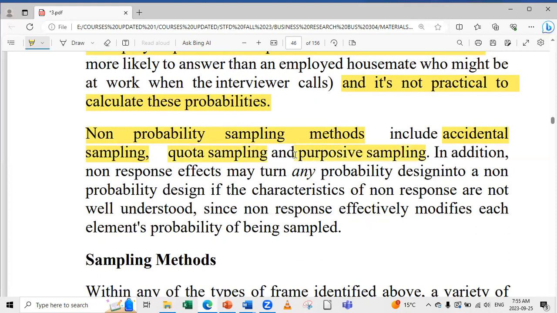These are the three types of non-probability sampling methods. In addition, response effects may turn any probability design into a non-probability design. So again: accidental sampling, quota sampling, and purposive sampling.